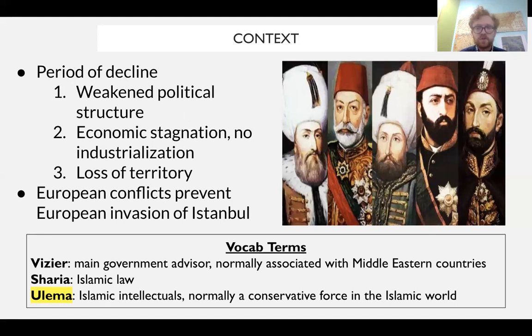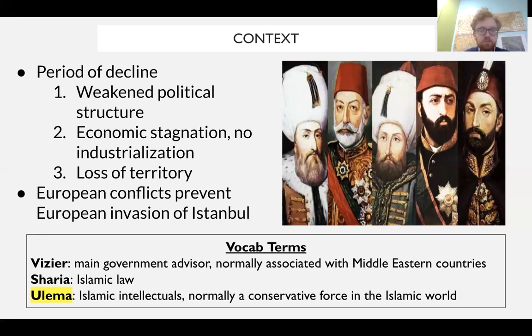The Ottomans are surviving, however, because the Europeans in Western Europe don't want to see the Ottoman Empire go away necessarily. The Ottomans are viewed as a sort of balance in what Europe wants to have, a sort of concert of Europe, to have a balance of power between the different European states.